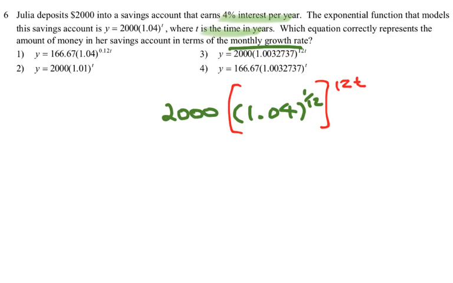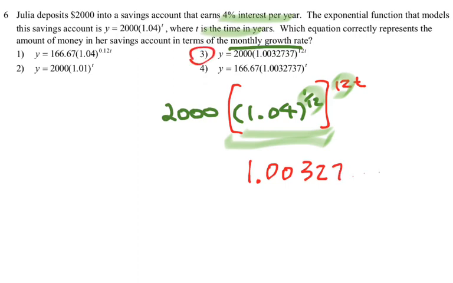So as you can see, notice that this t, if you were to multiply these two exponents, then it would have been the same thing as the original expression. But since we are looking for the monthly rate, all we have to do is calculate 1.04 to the 1 over 12th power. If you have done that, then that's approximately equal to 1.00327. So therefore choice 3 becomes our answer.